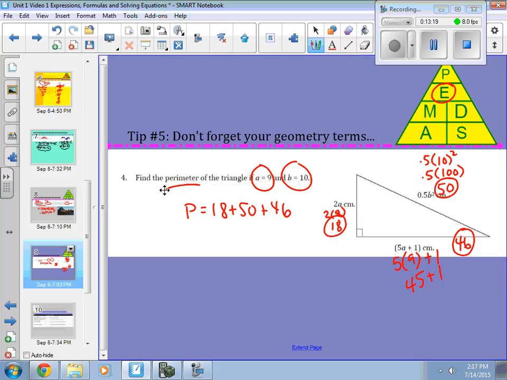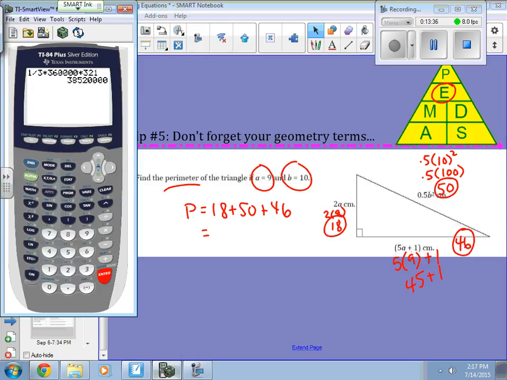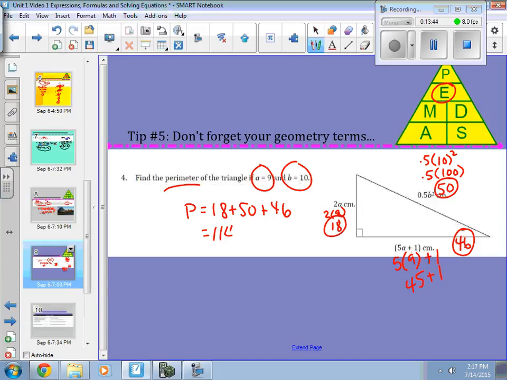If we add those all together, we get a perimeter of... or wait, sorry, 68 plus 46. Let's use our calculator here. 68 plus 46 is 114. And the units on this one are centimeters.